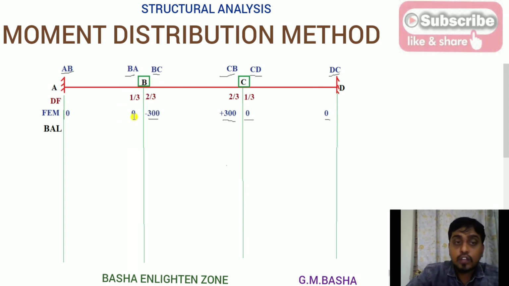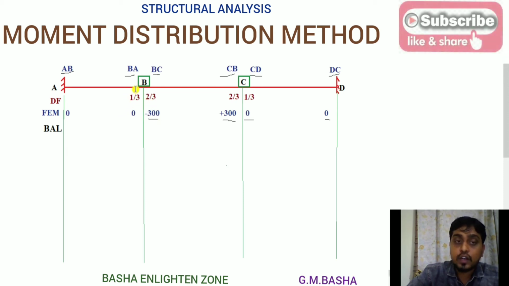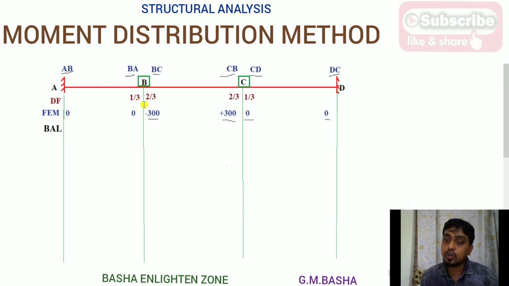At the joint we are going for balancing. See here, whatever moments are at a particular joint, the sum is 0 minus 300, multiplied by its distribution factor. For the BA distribution factor, I am taking 0 minus 300 into 1 by 3. I am taking it directly because I already showed 3 models based on continuous beams with the step by step procedure.